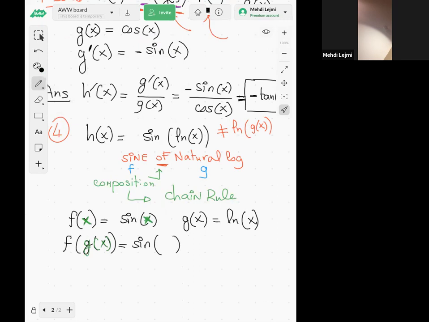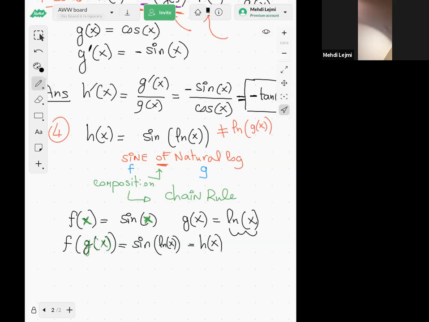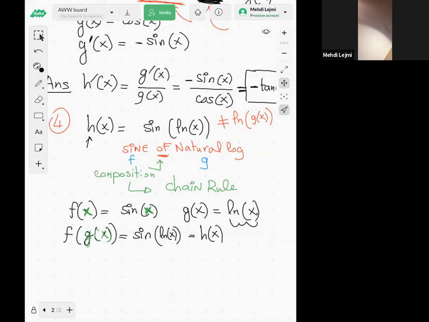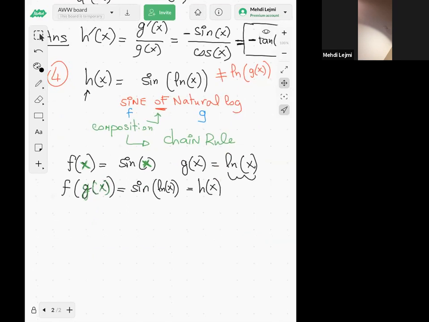Well, g is natural log of x. So f of g of x is exactly my h of x, this function here. So my function h is a composition of these two functions, f and g. And now we can apply the chain rule. I know my f, I know my g.